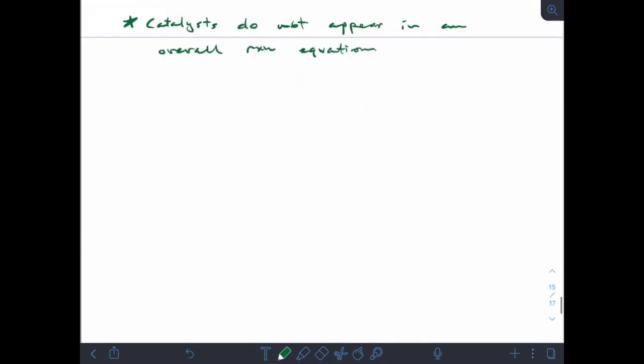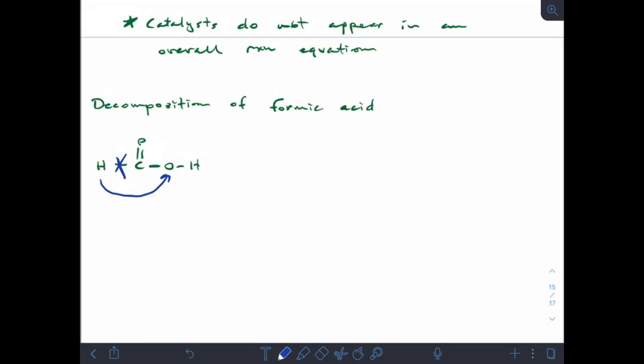So let's take a look at two reactions. So looking at the decomposition of formic acid. Okay. So normally we have formic acid, which has a general formula that looks like this. So to decompose formic acid, what has to happen is this bond has to break. That hydrogen moves over to there.